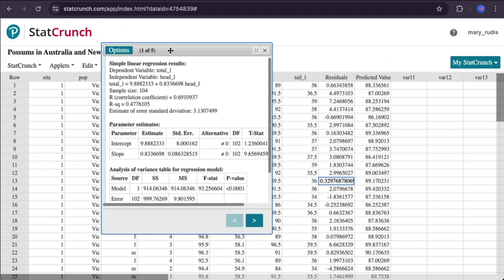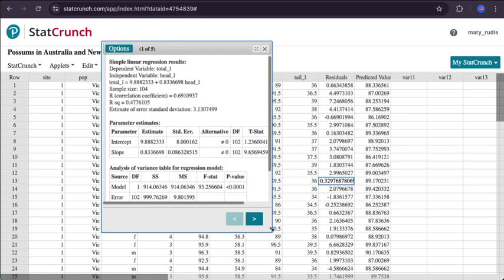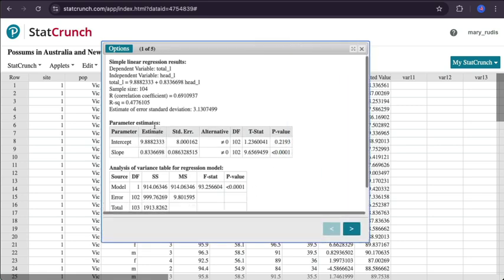So let me explain to you what it is you're seeing here. The first thing is the hypothesis test for both the intercept and the slope. Since our alpha is 0.05, we are looking for p-values that are smaller than 0.05.